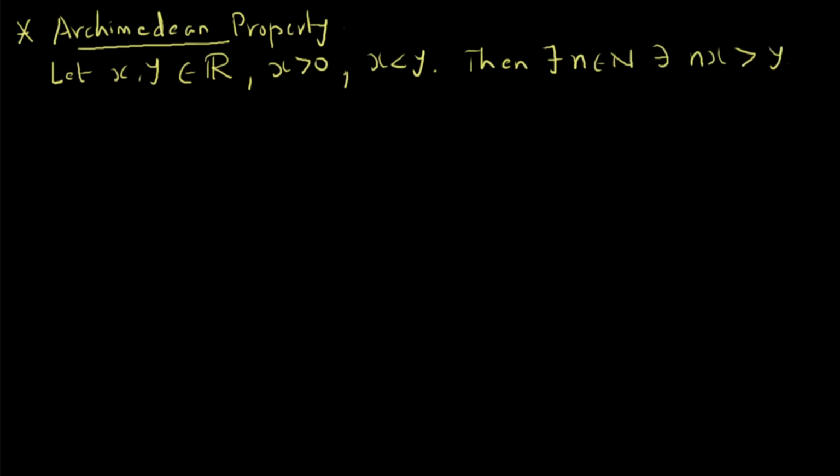This is known as the Archimedean property. So given any two real numbers x and y with this condition, x positive and x less than y, we can always find at least one n.